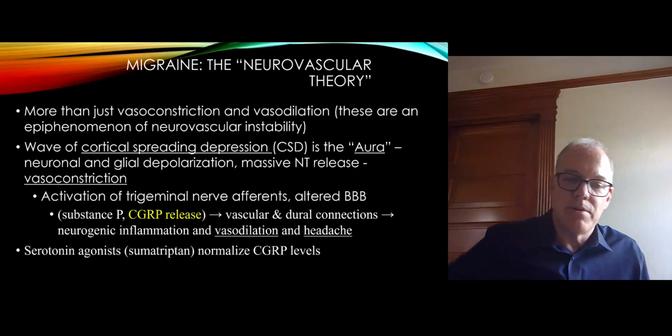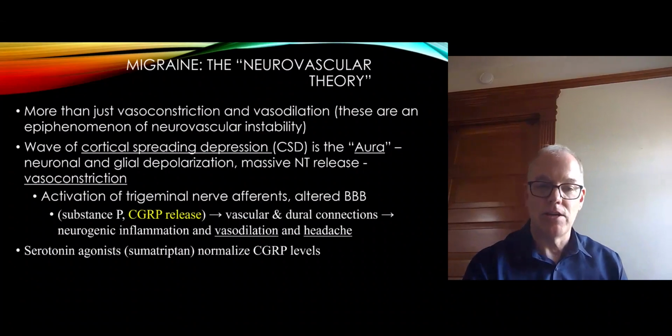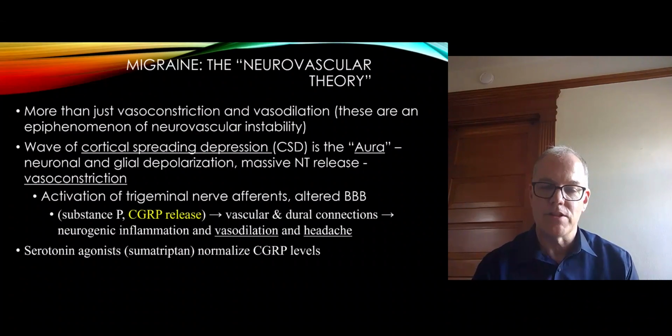Just as an example, we'll talk about many medications for migraine, but one that's been around for a long time is sumatriptan. There are now about 8 or 9 medications in the sumatriptan family, but these are serotonin agonists. Previously, we've emphasized how that maybe affects blood vessels in terms of constriction and all of that. But now it's known that when you take sumatriptan for migraine, it actually brings the CGRP levels down.